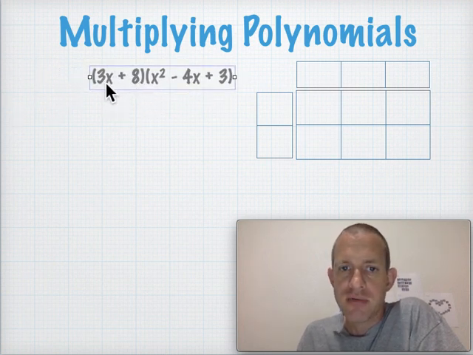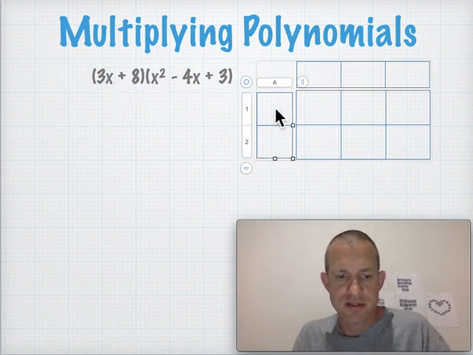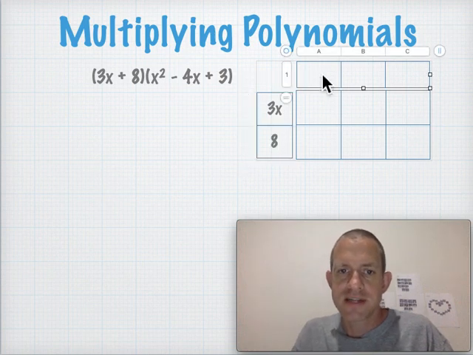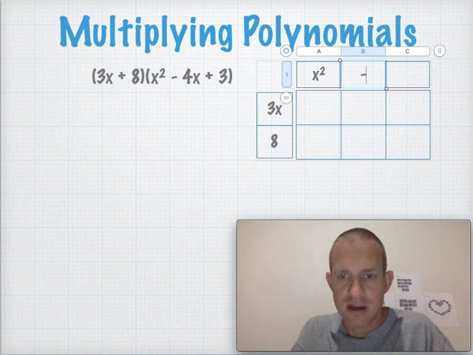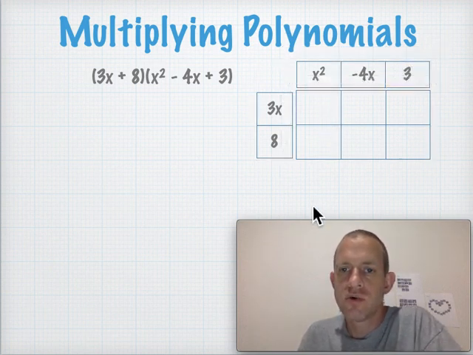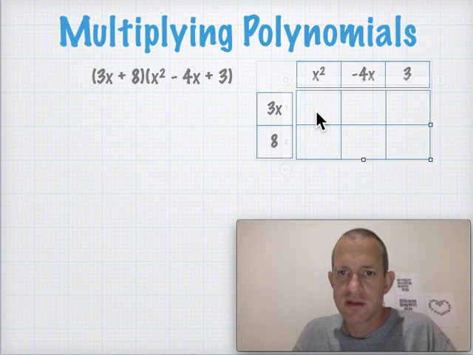To make the table, what you do is you put the first factor along the side, so 3x and 8, and then the second factor along the top, x squared, negative 4x and 3, and then in each one of these boxes you do one of the multiplications. In this box I'll multiply 3x by x squared, and that gives me 3x cubed.